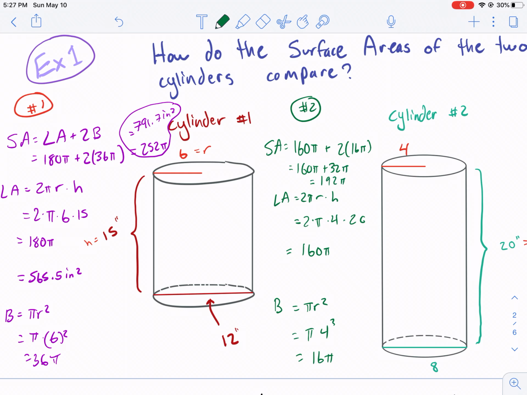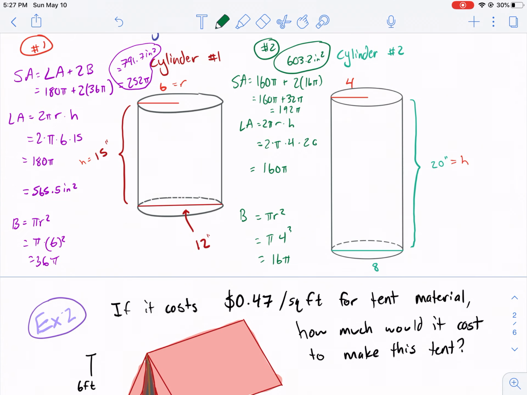So much smaller surface area here. Just out of curiosity, 192 times pi, and we get 603.2 inches squared. So much smaller than the other cylinder.